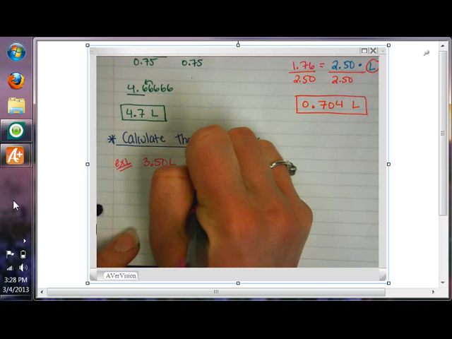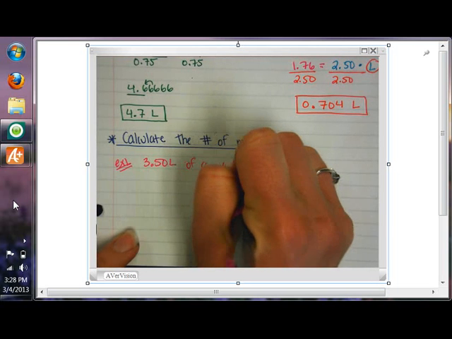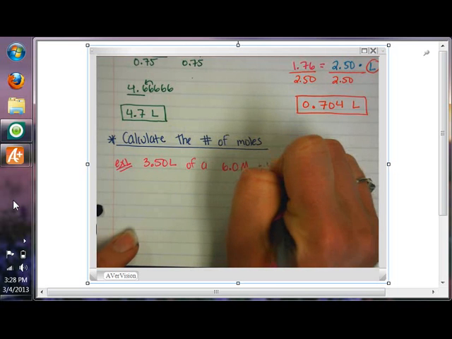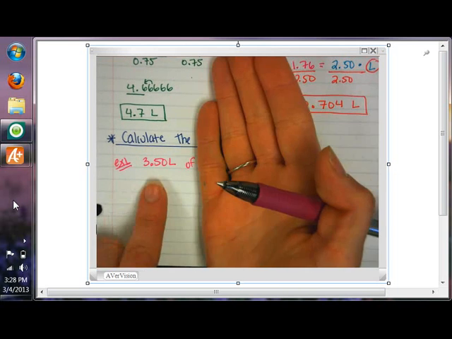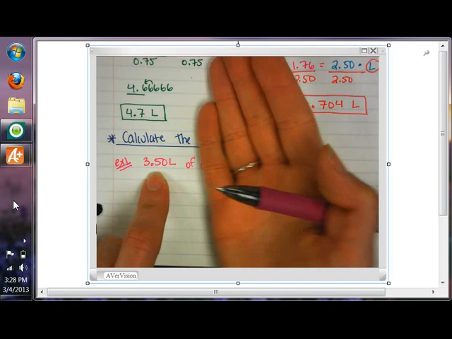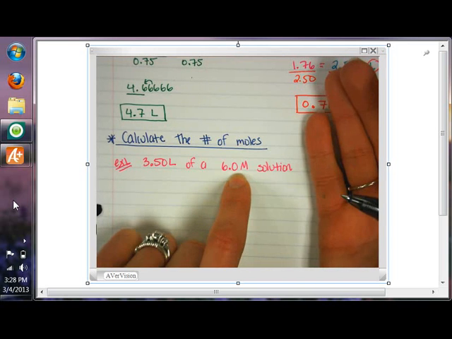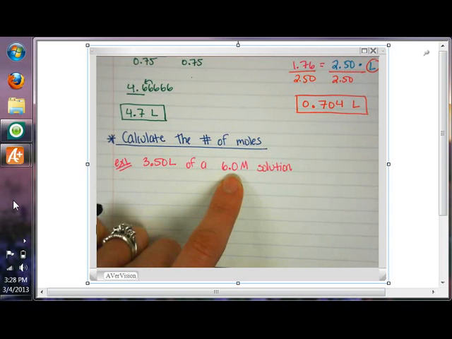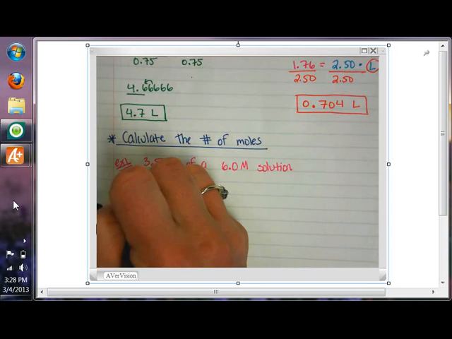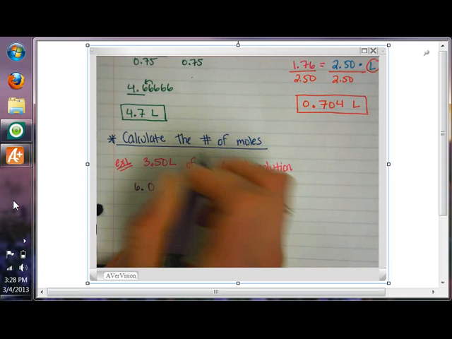So I'm going to write example 1 out. 3.50 liters of a 6.0 molar solution. So they're saying, hey, you've got this volume and it has this concentration. How many moles is it?